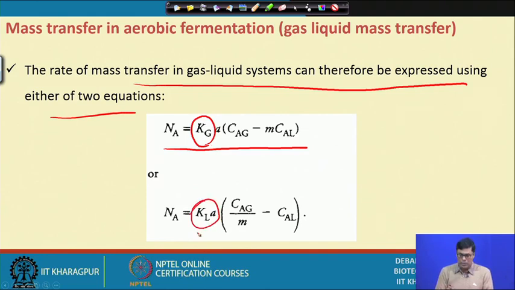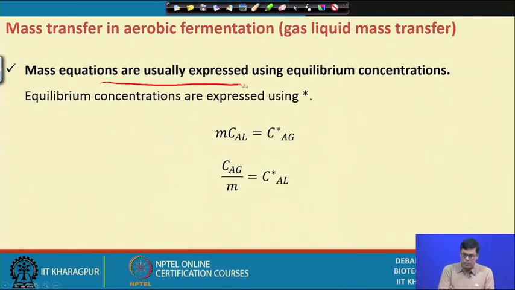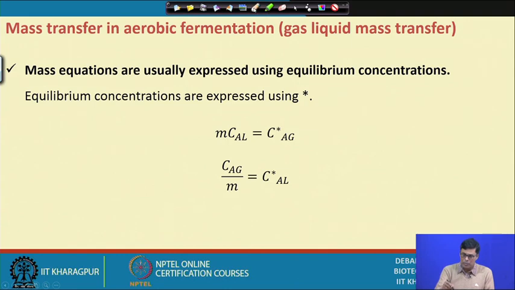We can express this equation in two ways. Now, mass transfer equations are usually expressed using the equilibrium concentration. You can express it as m C_AL equal to C'_AG, this is the equilibrium concentration. So, C_AG by m equal to C*_AL, that we can write under equilibrium conditions.